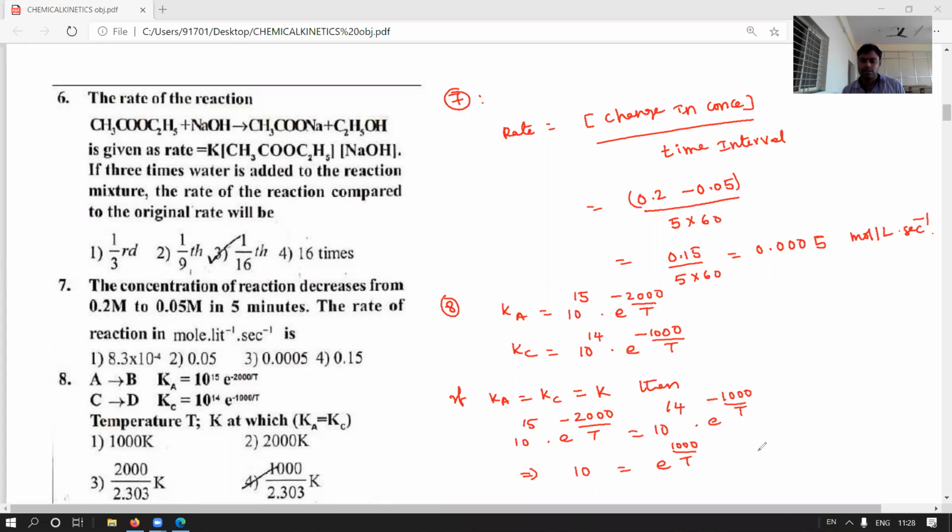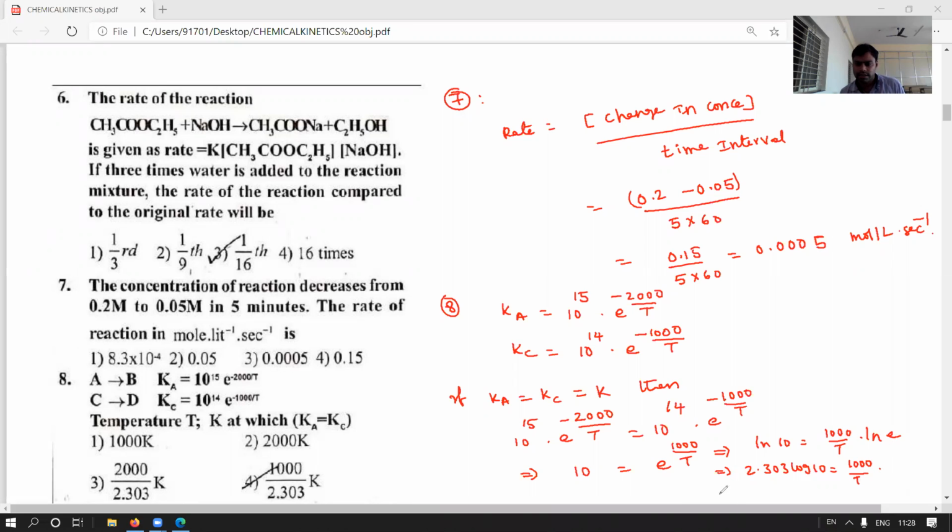Now apply log on both sides. Since base e is present, ln 10 is equal to 1000 by T into ln e. This ln we need to convert into log, which means we have to multiply it with 2.303. Log 10 is equal to 1000 by T into log e, and log e is nothing but 1.